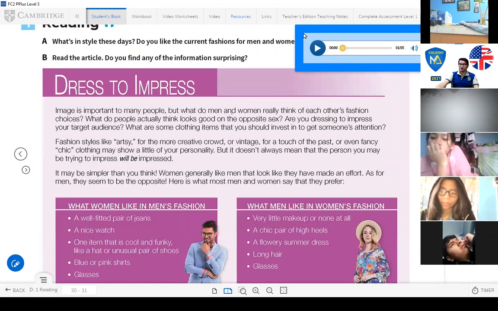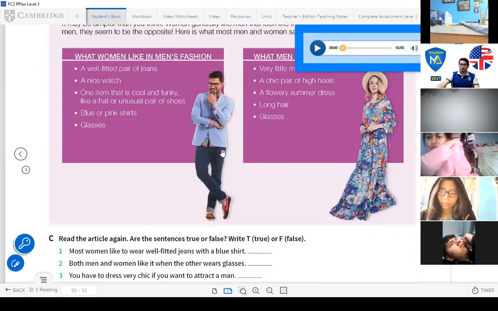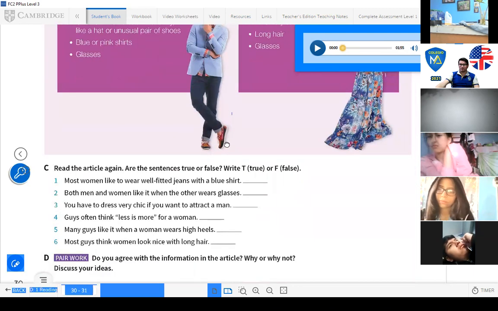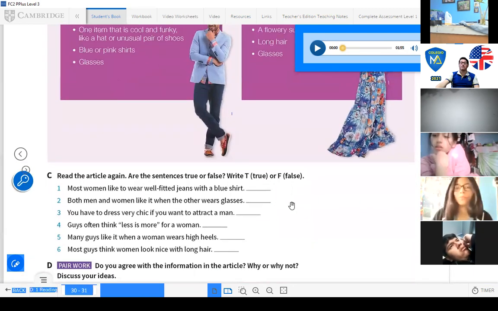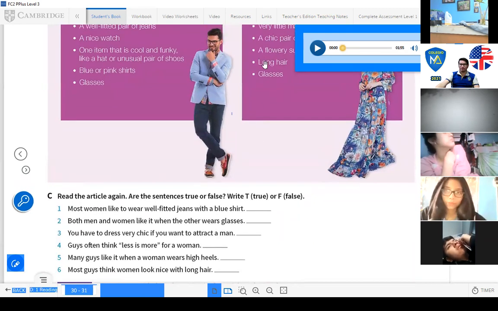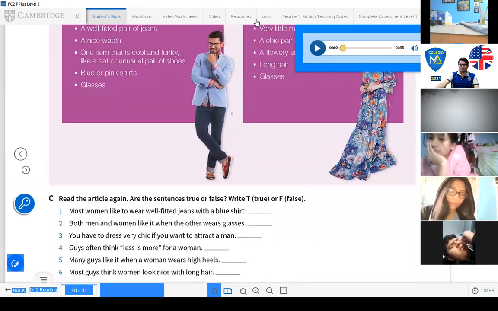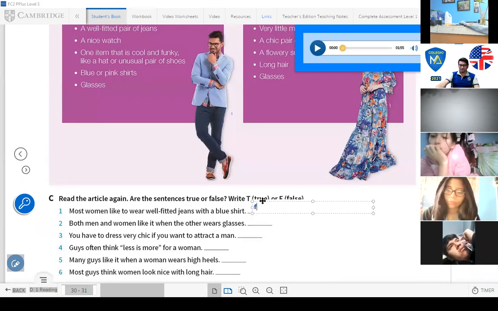It says fashion styles for a more creative crowd, but they are not saying that the women like that. Let's say that women like when the men wear the well-fitted jeans, ¿no? But not saying that the women like. Entonces, this is false, okay? This is false.